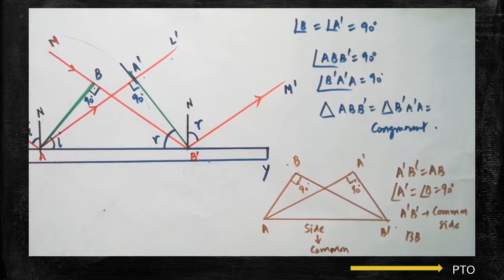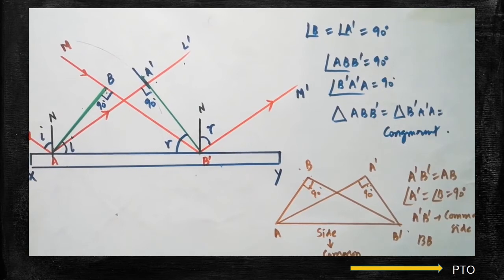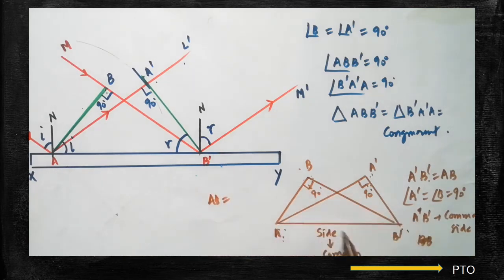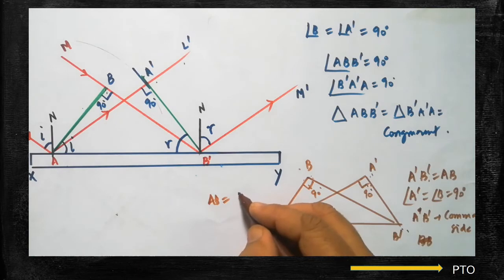Again I'll explain. Here A dash, B dash will be equal to AB. Angle A dash and B both are equal to 90. Here AB is the common side for both the two triangles, and then we can write that AB is equal to A dash B dash also.